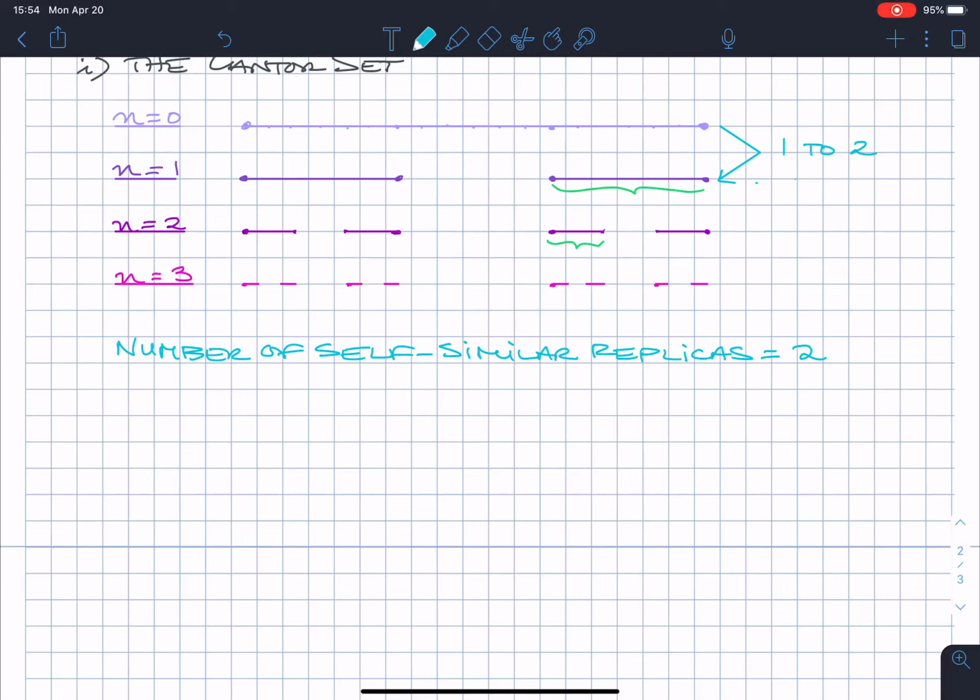Because each one line becomes 2 at each step. And the magnification factor we already know. That was 3, right? Because I need to multiply it by 3 times.